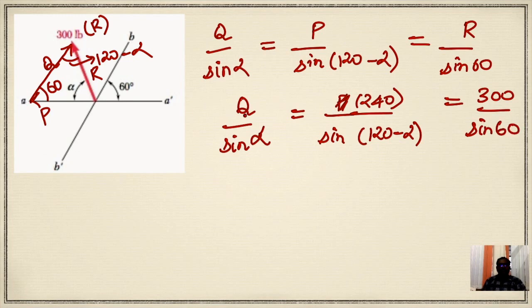Here we are supposed to find the value of Q and the value of R. So it's very simple. Just consider these two terms, find out the value of alpha, then use the first term and the third term, and then you can find out the value of Q.